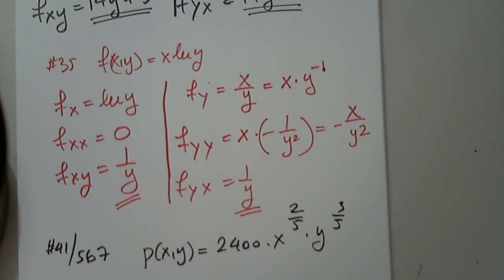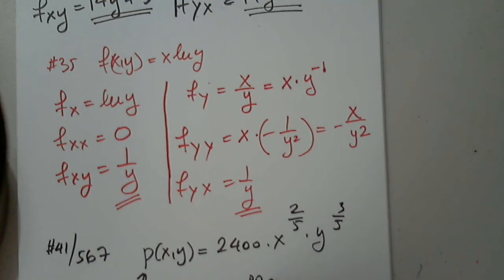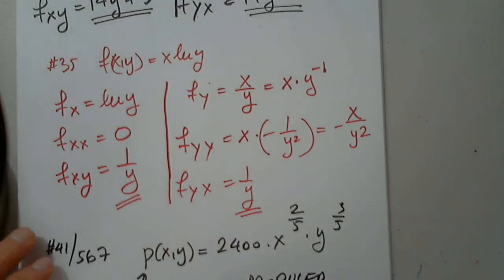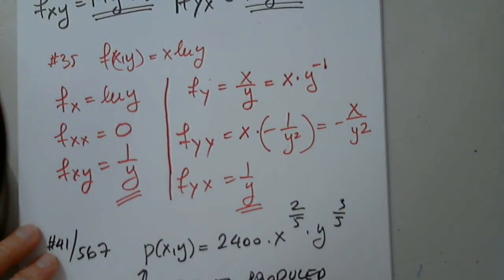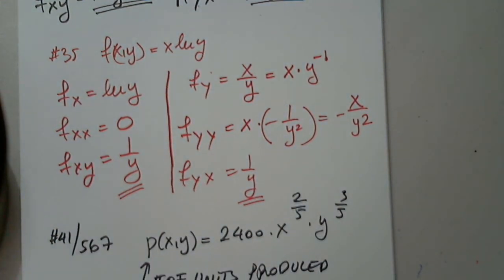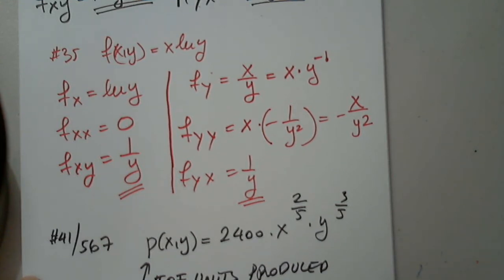P is the number of units produced, x is the number of units of labor, and y is the units of capital. Find the number of units produced with 32 units of labor and 1,024 units of capital.